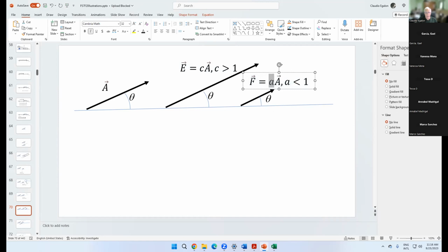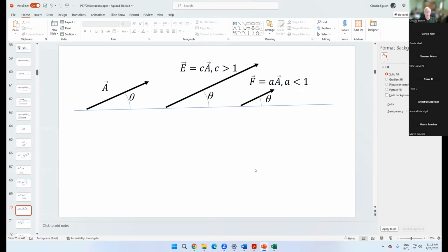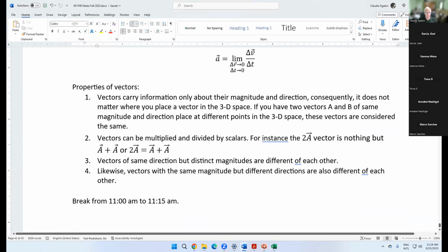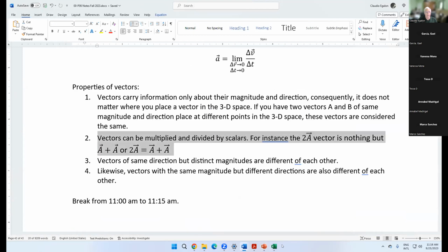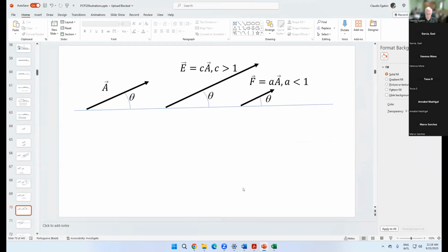Then the length of F is going to be shorter than that of A. Okay? Multiply it and divide it by scalars. Here's just multiplication, right? But you can also have division, which I didn't illustrate here.